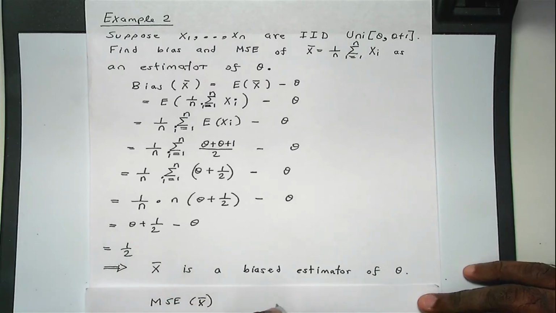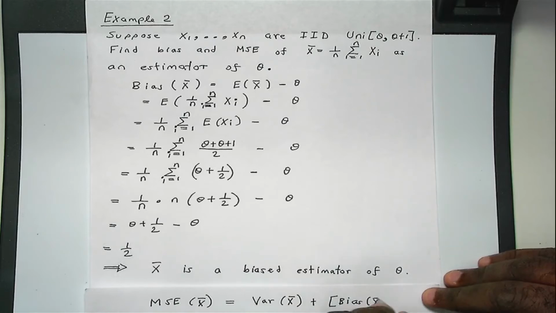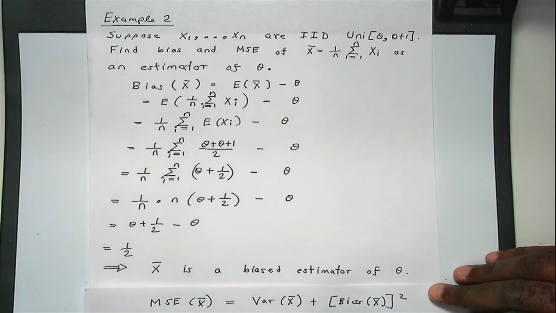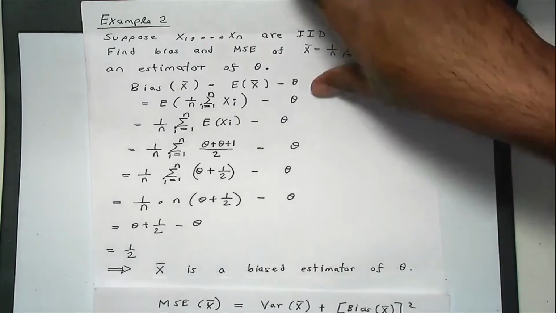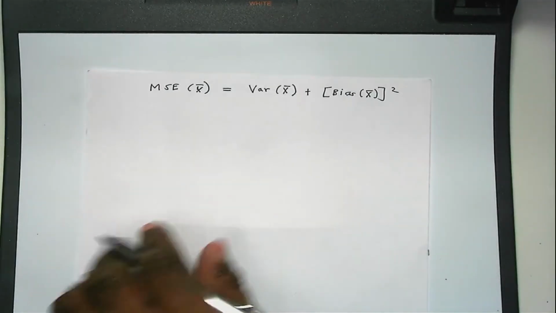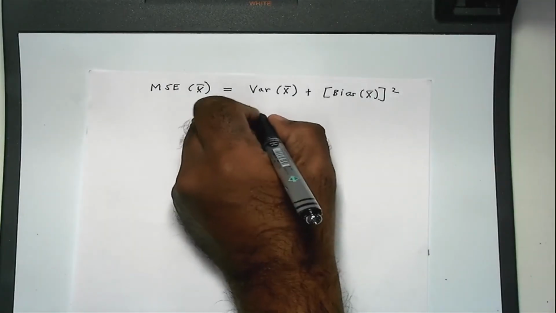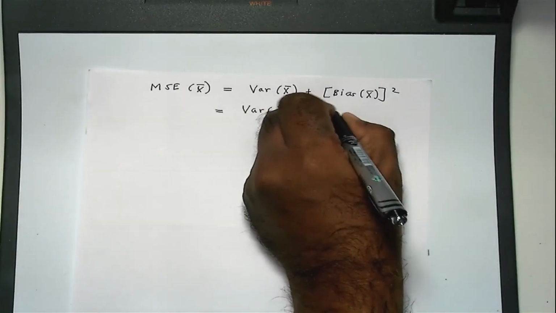You may recall one of the properties I proved is this: the MSE is equal to variance plus the square of the bias. So using this property, you can write this as variance of x bar plus bias, which is half, squared.